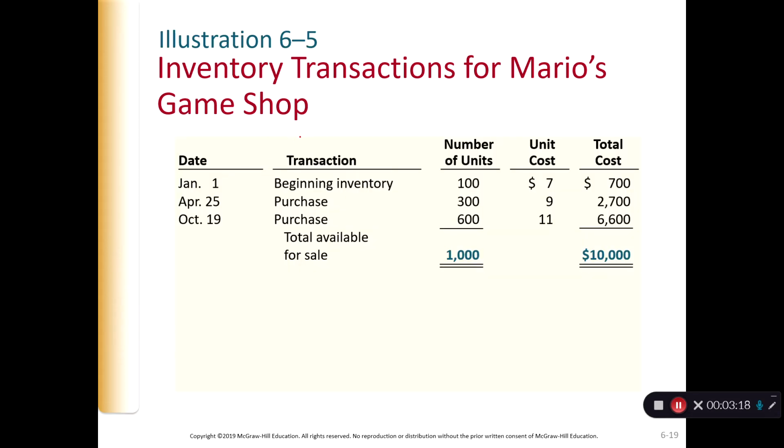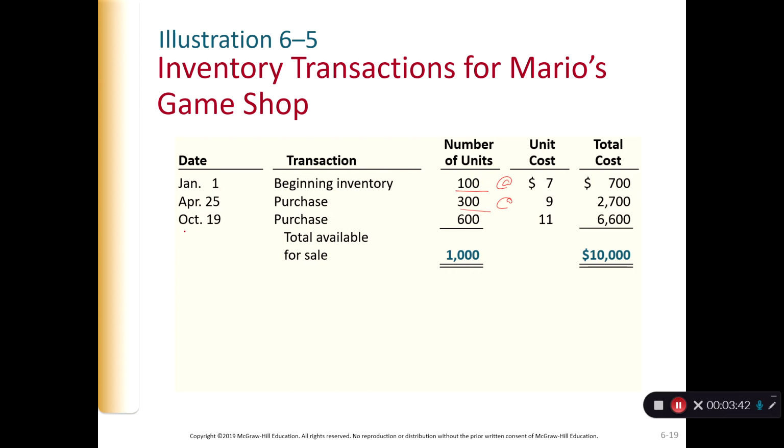This company, Mario's Game Shop, has a January 1st beginning inventory of 100 units at $7 each, so the beginning balance of the inventory is $700. Then on April 25th, it purchased 300 units at $9, the first batch purchase.